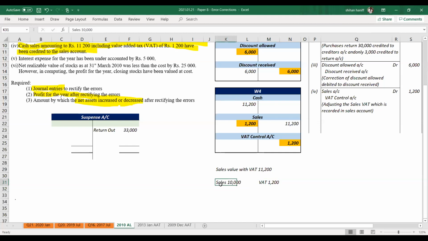So therefore, sales account will be credited only 10,000. You can't credit the entire amount. This 1,200 is a liability. It's a liability which need to be paid to the Inland Revenue Department, the sales VAT. We call it output VAT.